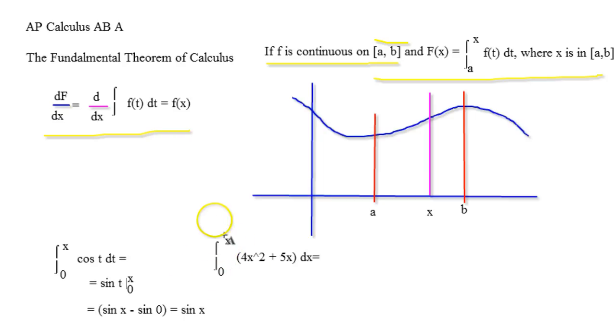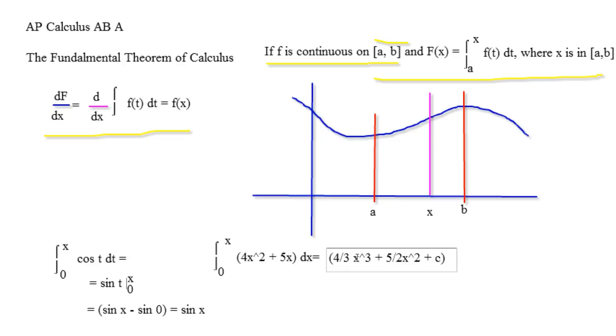Now if I have the integral from 0 to x of 4x squared plus 5x dx, I'm going to work my way backwards. That should be 4/3 x to the third plus 5/2 x to the second plus c.